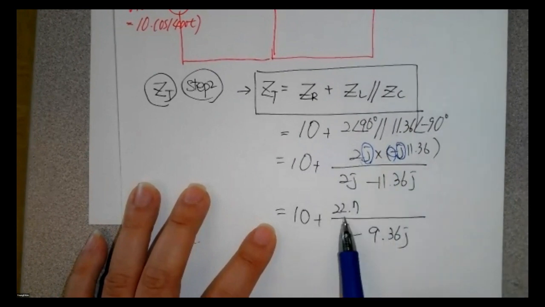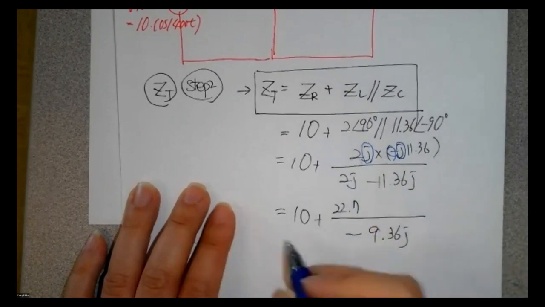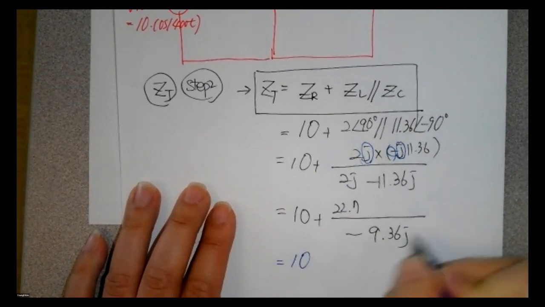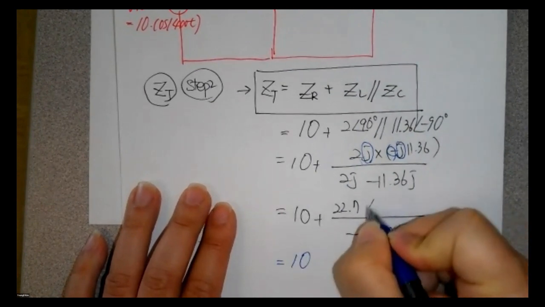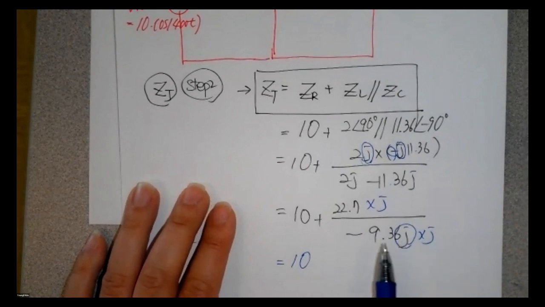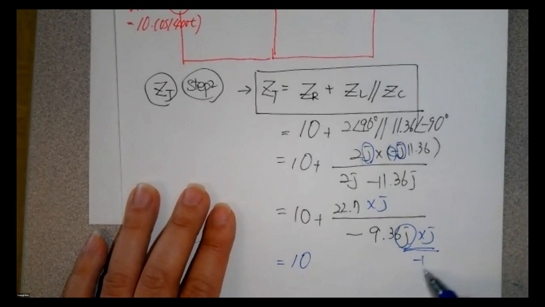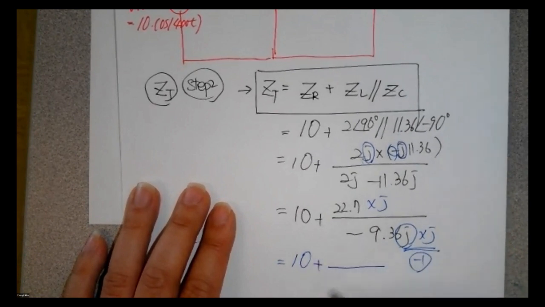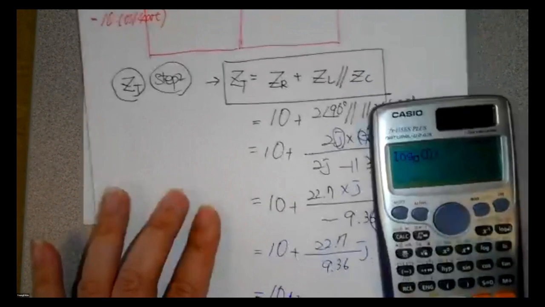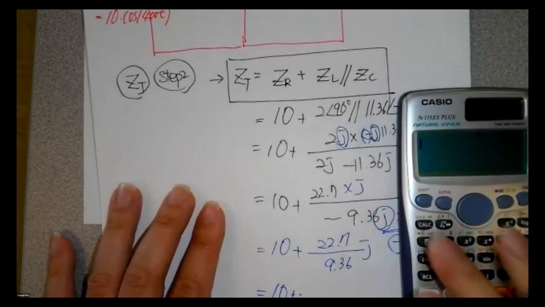So that is the 22.7 here, and we multiply j on the numerator and the denominator, j times j is minus 1. So the plus 9.36, 22.7 j.